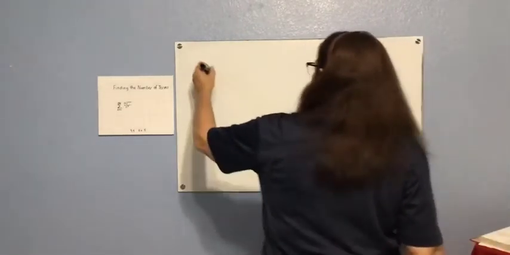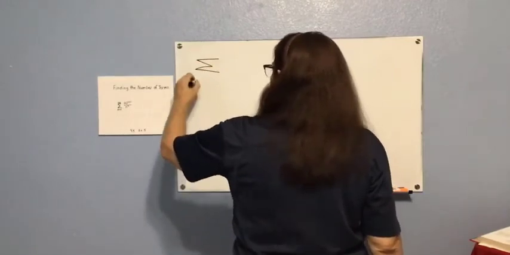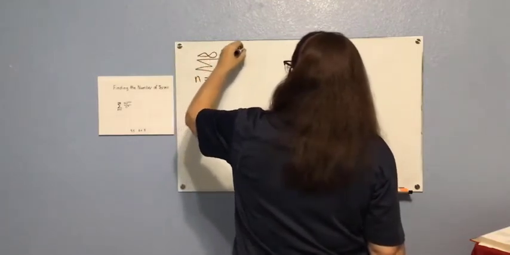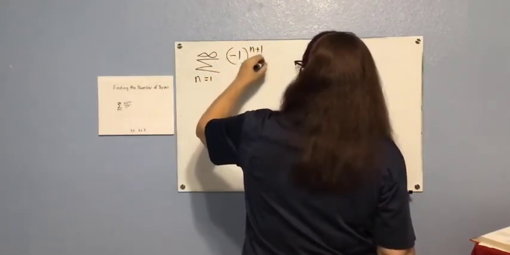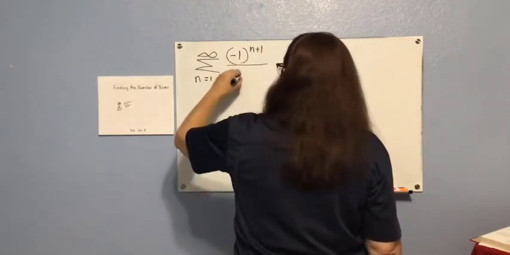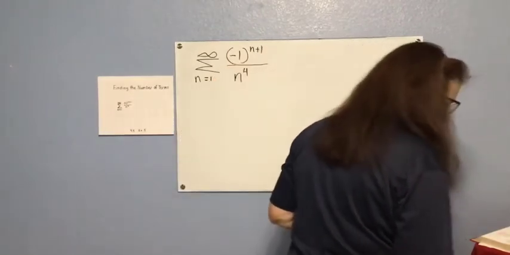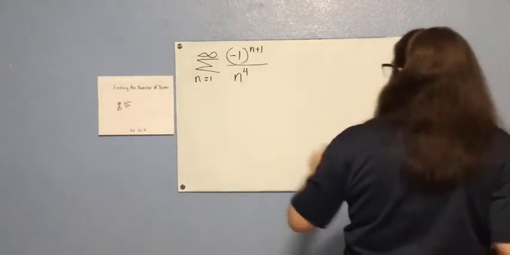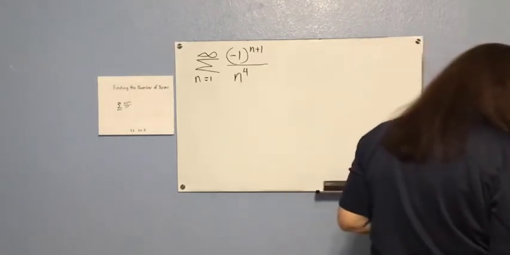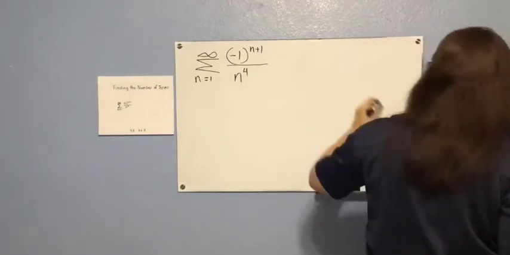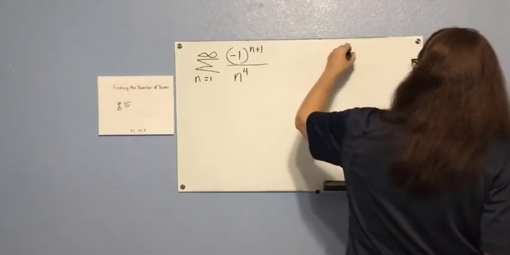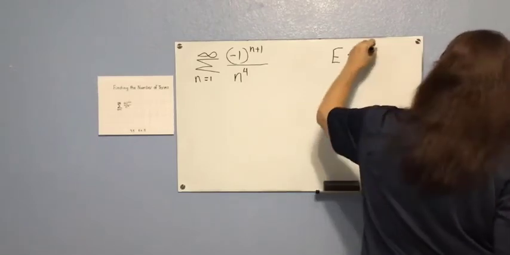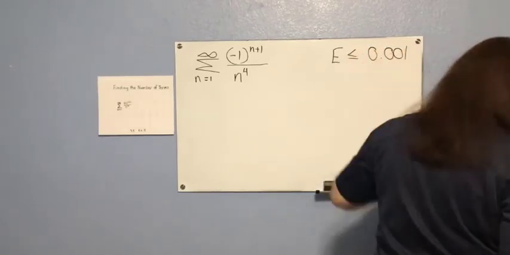Okay, we have this summation, n equals 1 to infinity, negative 1 to the n plus 1 over n to the 4th. And we want to estimate the sum of the series with an error less than or equal to 0.001.